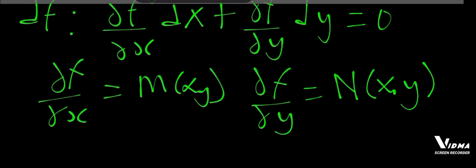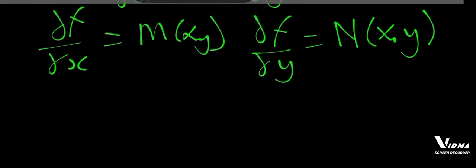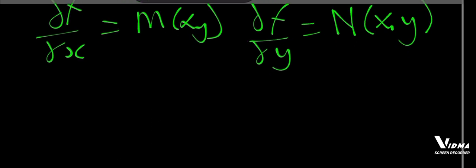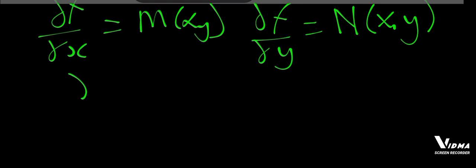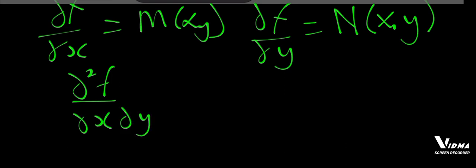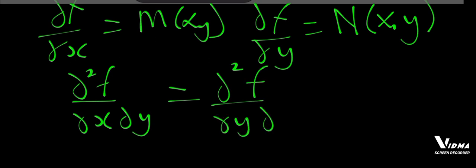And for this to be exact, I'm going to say that my del squared f del x del y must be equal to del squared f del y del x.